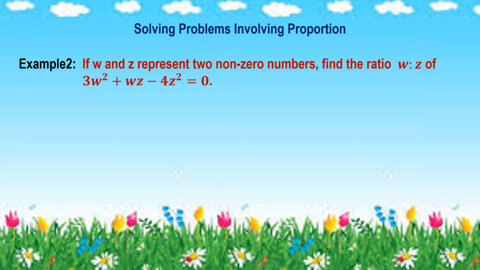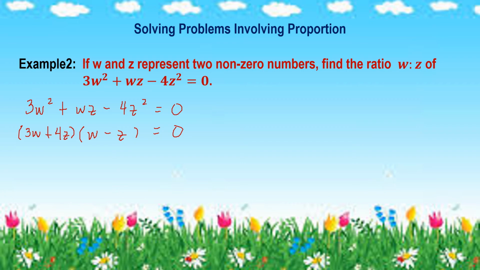So for our solution, the first thing that we need to do is to factor the trinomial 3w squared plus wz minus 4z squared. Okay, so we're going to have 3w plus 4z and w minus z.